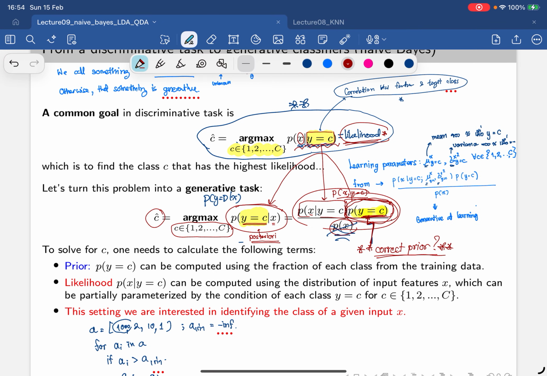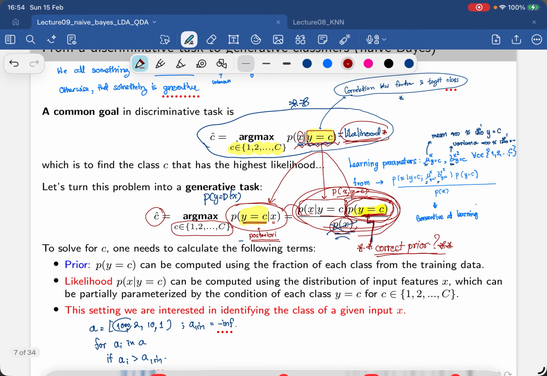So once we consider this whole entire thing, and it becomes the posteriori, we call the classifier that makes classification on this posteriori distribution a generative classifier.